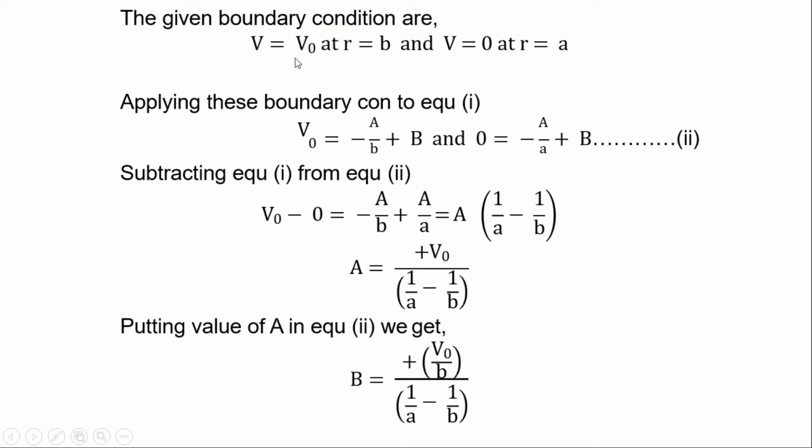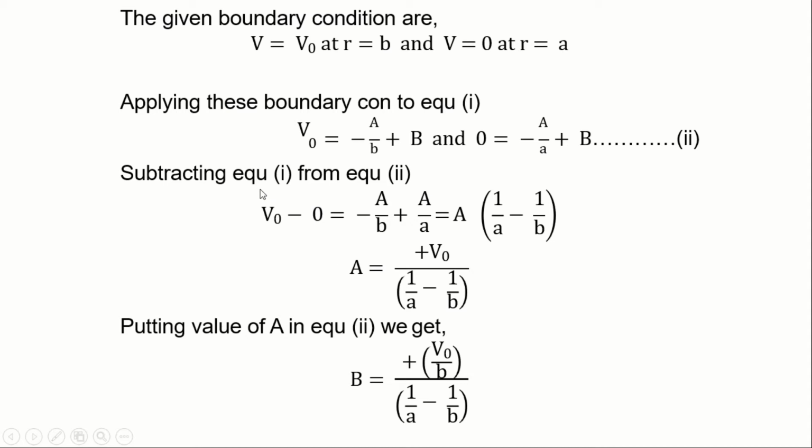When we apply these boundary conditions in the last equation, we get these two equations: V0 equal to minus A by b plus B, and also 0 equal to minus A by a plus B. By solving these two equations we can get A equal to plus V0 upon 1 by a minus 1 by b.